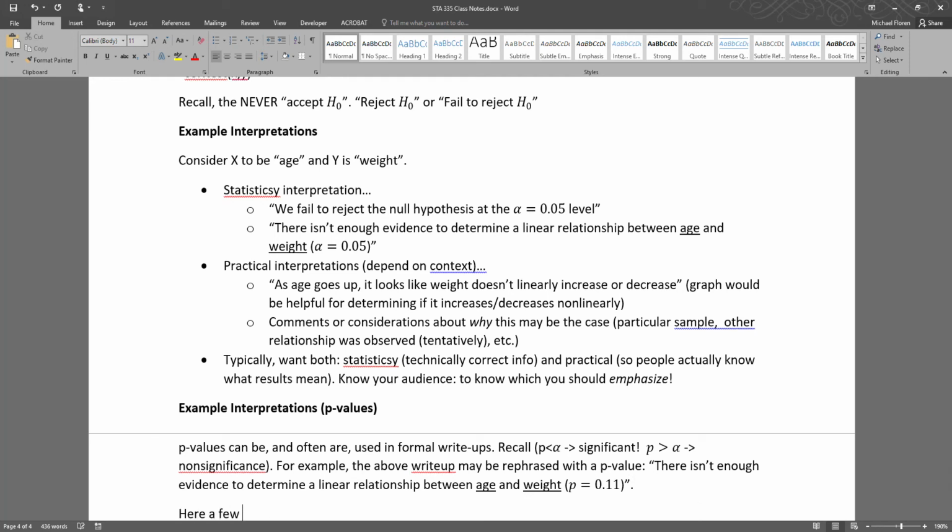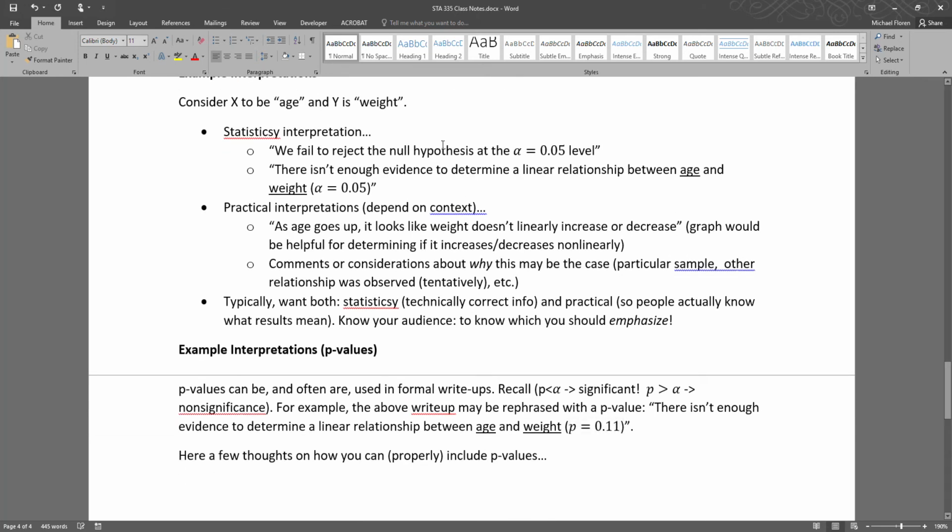Quickly, here are a few thoughts on how you can properly include p-values. And again, this is something that many researchers do. This is preferred, but you need to make sure that you're doing it appropriately and avoiding some of the common pitfalls.